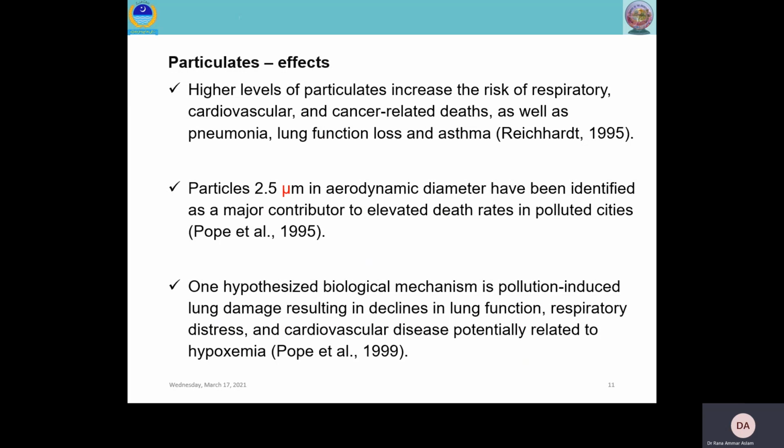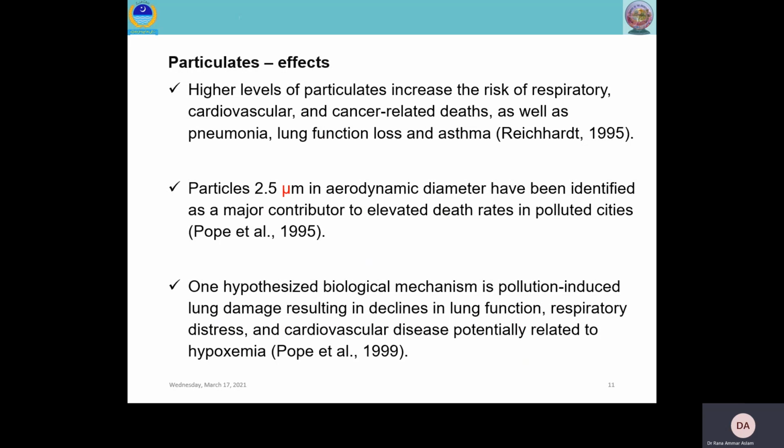Even particulate matter available in the atmosphere in any size can pose a risk of respiratory or cardiovascular disease or cancer-related death, as well as pneumonia, lung function loss, and asthma.